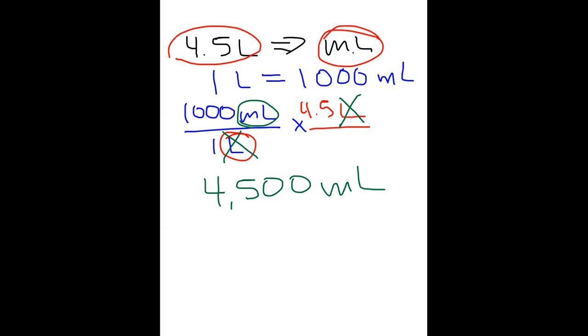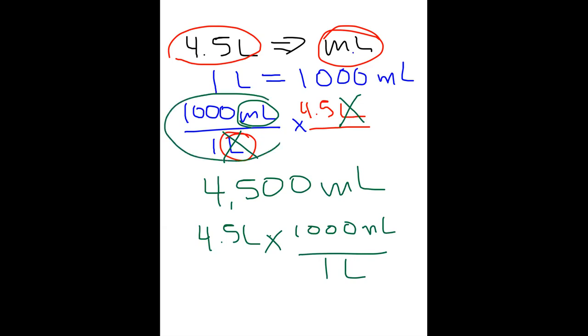So that's how I would set it up. Again, the book wrote it as 4.5 liters times 1,000 milliliters over 1 liter, which in reality would be the same thing, but I like to put the units that I want as the first step, which is right here.